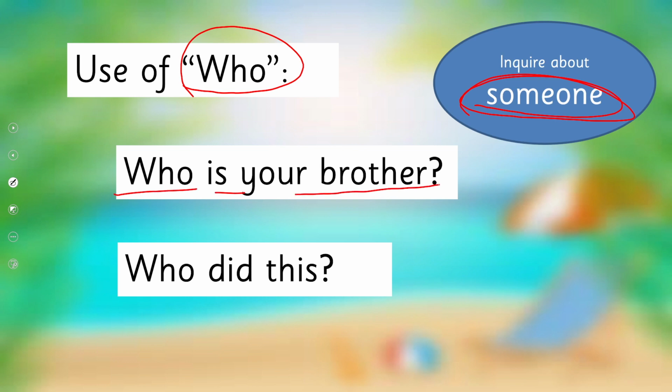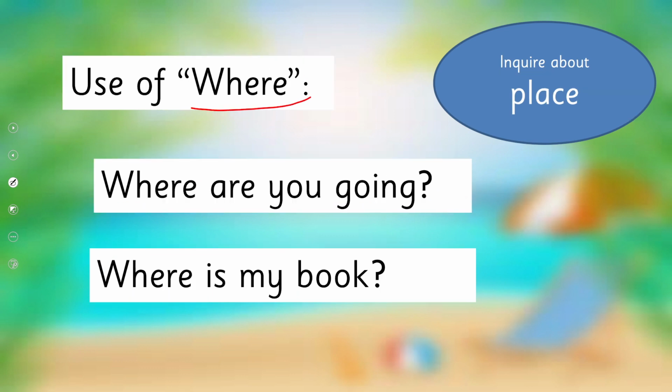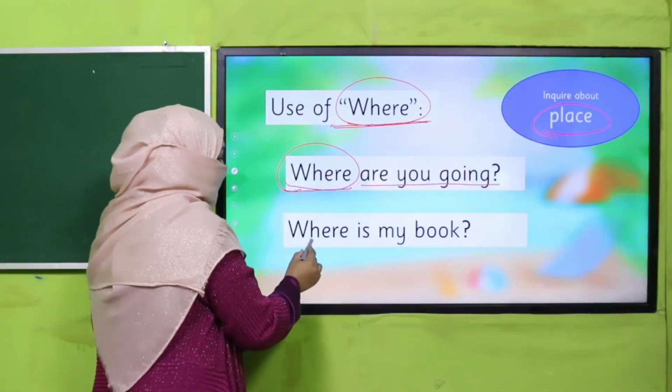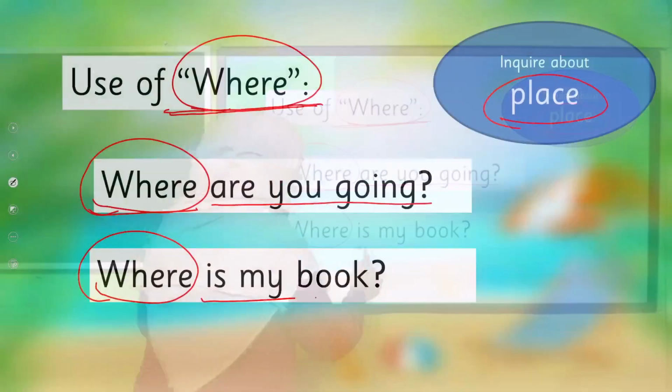Who is your brother? Who did this? If we want to ask about a person, we'll use the question word who. Where? We use this word in making a question if we want to ask about a place. Where are you going? Means what is the place? Where is my book?